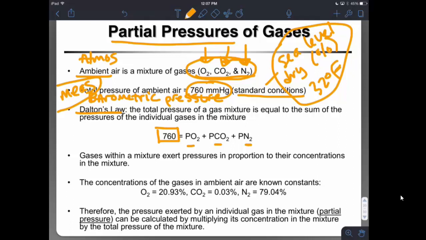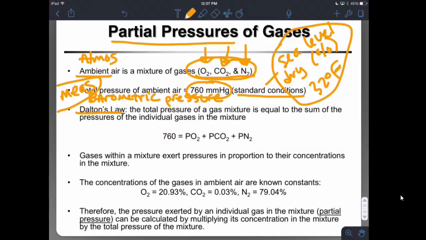So the total pressure of a gas mixture is equal to the sum of the pressures within the mixture. If we knew the pressure exerted by each of these gases and added them together, we would get 760. And I'm going to provide a real example of that, which will help here in a minute.